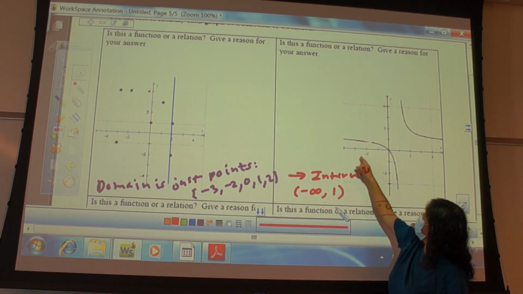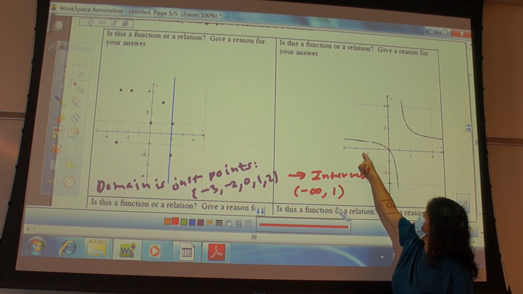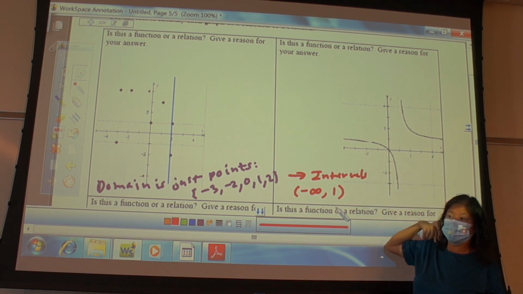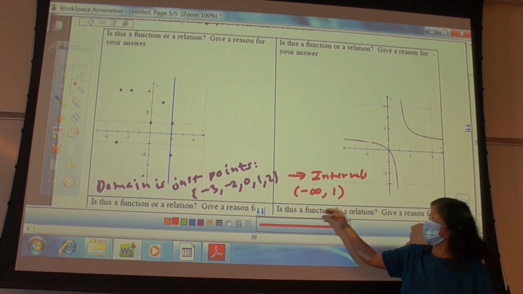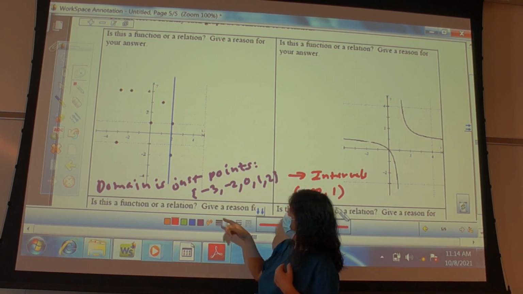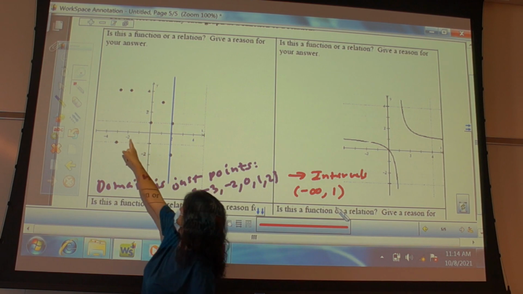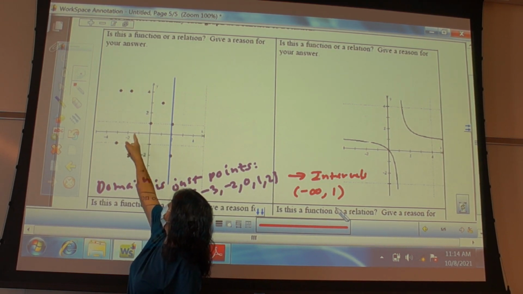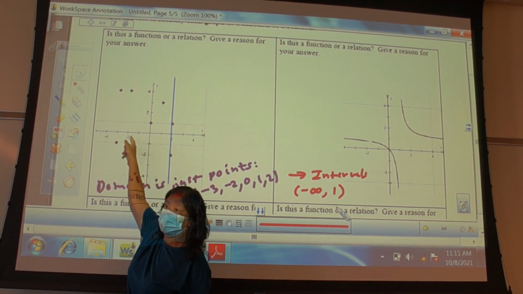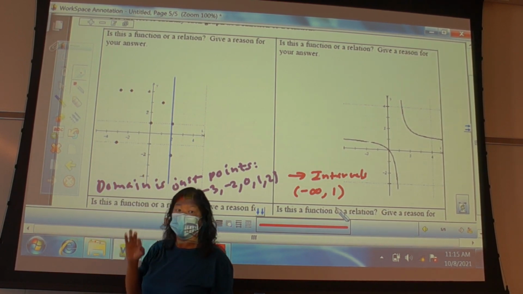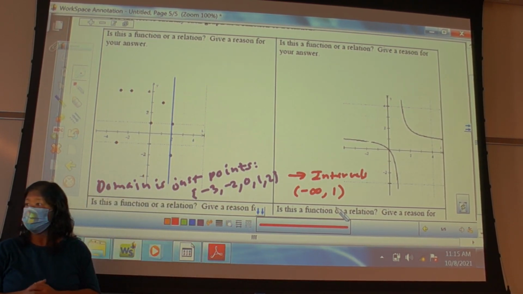Not just -2 and just -3 and just -1. It's everything in here. Over here, no. It's not everything from -3 to 2, because look, there's nothing here, there's nothing there, there's nothing in the in-between spot. Do you guys see what I'm saying? So that's how this is totally different.